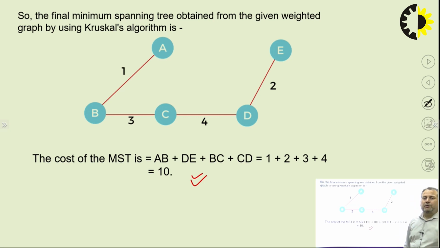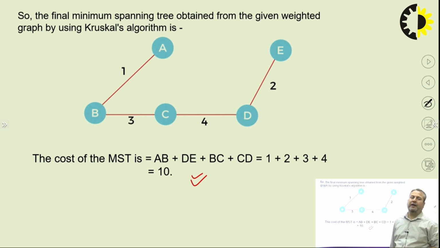Okay. So what have we seen in this lecture? We have found what is MST. Before MST we studied what is a spanning tree. A spanning tree is a subgraph which includes all the vertices of the graph with minimal edges, meaning if there are n vertices, the minimal number of edges will be n minus 1.